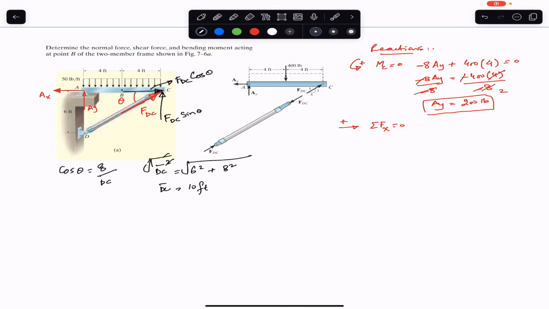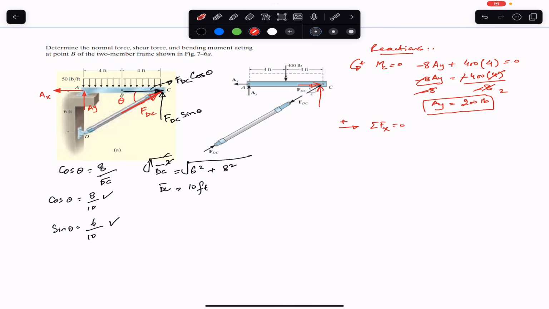So now we can say that cos of theta is 8 divided by 10, and similarly sine of theta will be the perpendicular, so the perpendicular is this 6 feet by hypotenuse. So this is 6 divided by DC length, which is 10. So this is cos of theta and this is sine of theta. Now if we apply the summation of forces along X, we will have two components here.